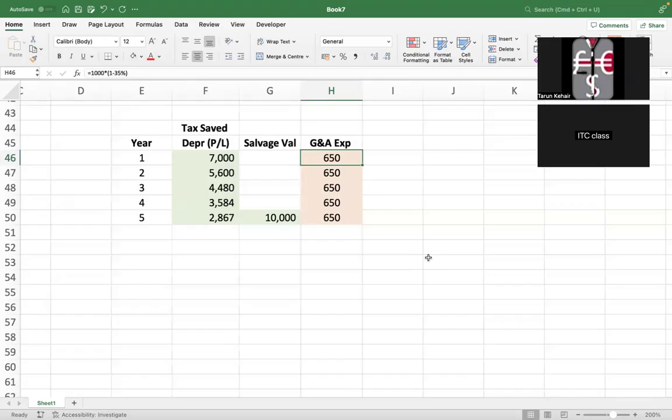So are you not saving 350? So 350 is 1,000 into 35%. So you are spending 1,000 but saving 350. So your net expense is 650. So that's your G&A expense.